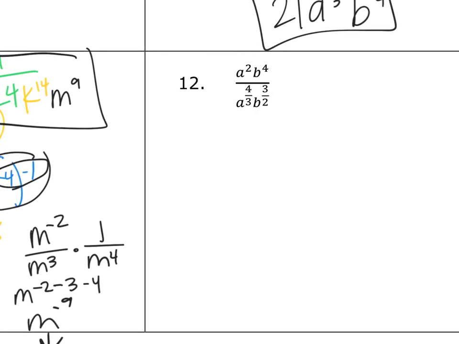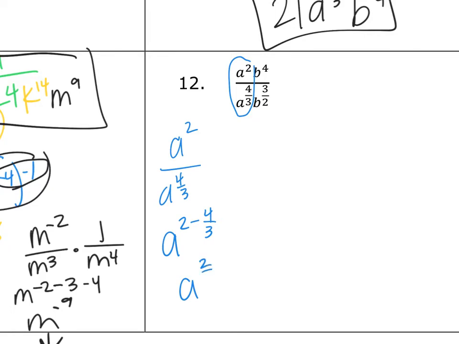Problem 12 is a little nicer. I look at my a's. So I have 2 on top, and I'm taking away 4/3. So 2 minus 4/3 is 2/3. And it's positive, so it stays on the top.